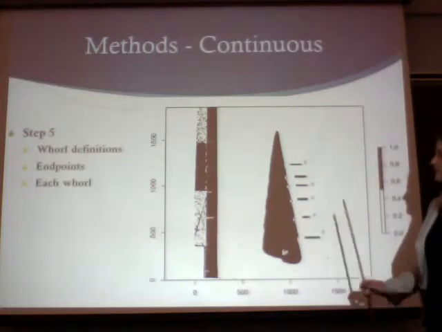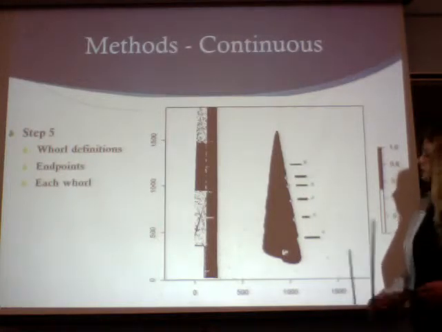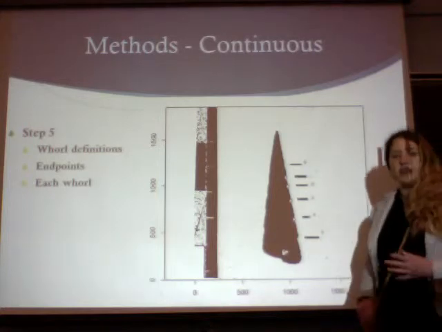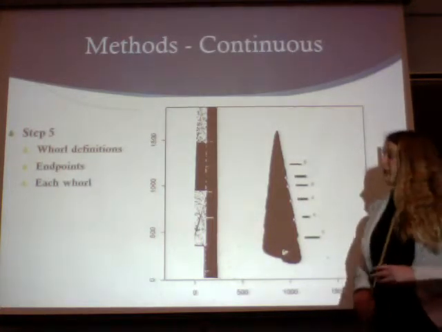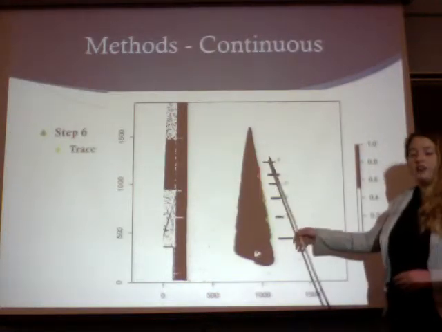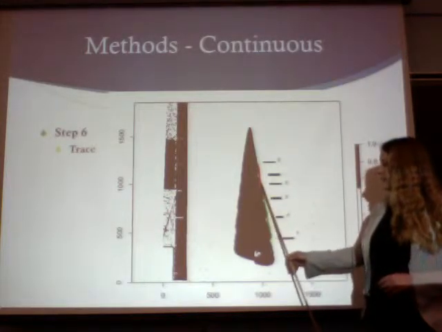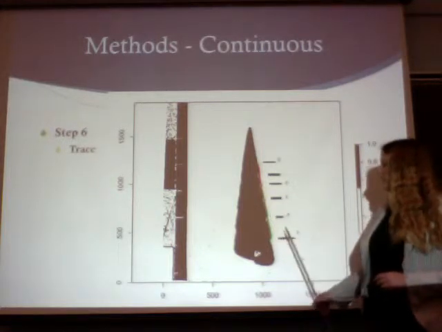The next step is to define the endpoints of my line, as well as each whorl, which is why I labeled them with boxes, because once it's in black and white, you often can't see where the whorl definitions are. R then traced each step and took the endpoints and whorl points into account, and so those are plotted on the line.